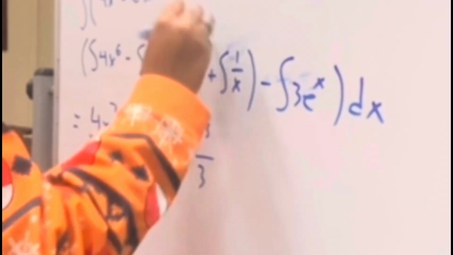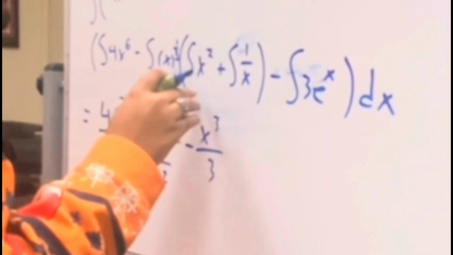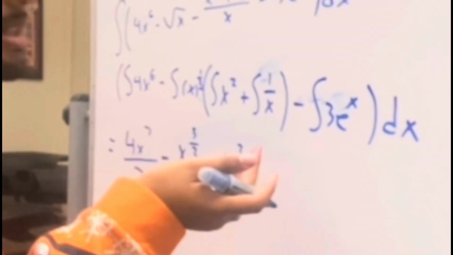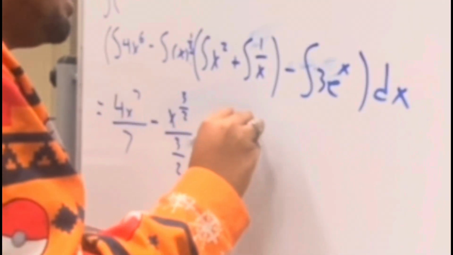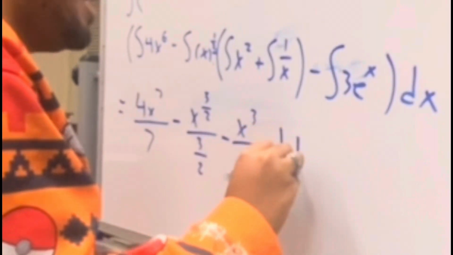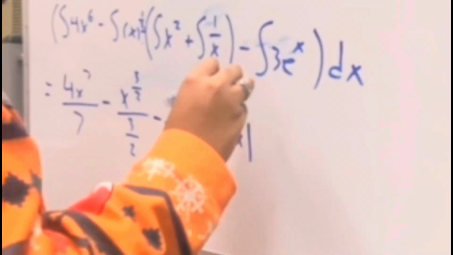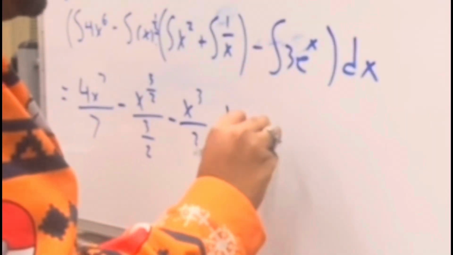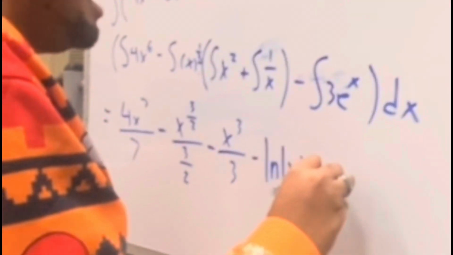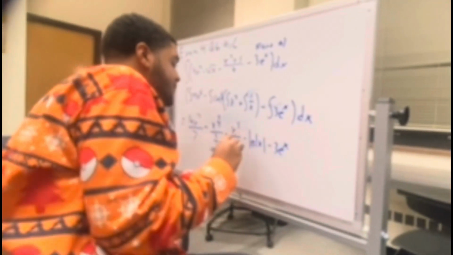If we distribute that negative, it would be negative now instead of positive. So then you get minus ln absolute x. And over here you just get minus 3e to the x.